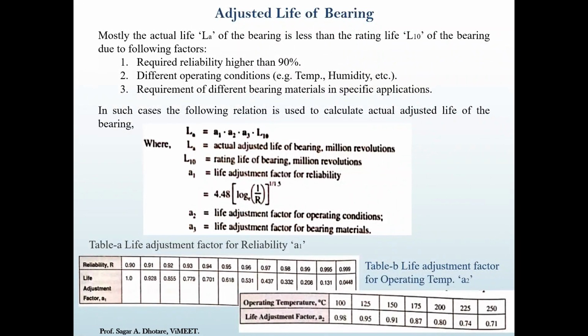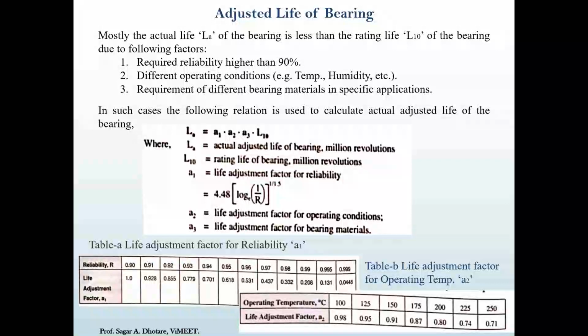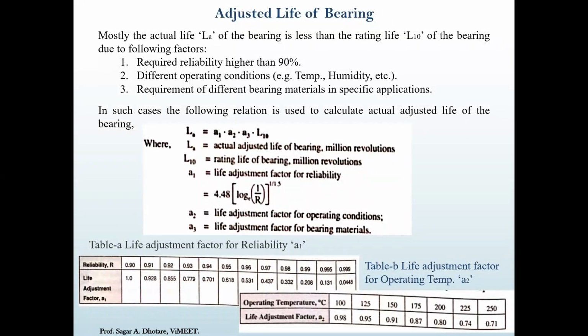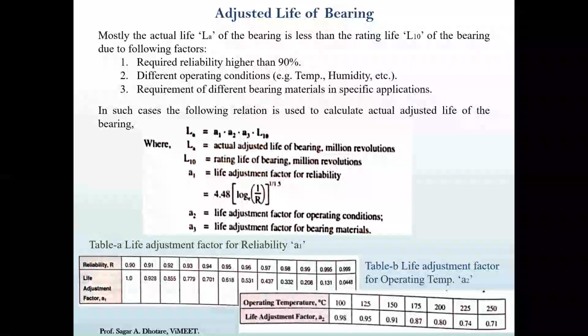Yes, these can reduce the rigidity of the material, which may lead to failure or the start of crack propagation. Temperature, humidity, magnetic field, radiation, moisture, these are various factors which can affect the operating conditions.